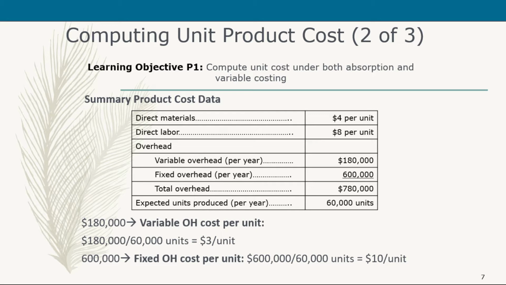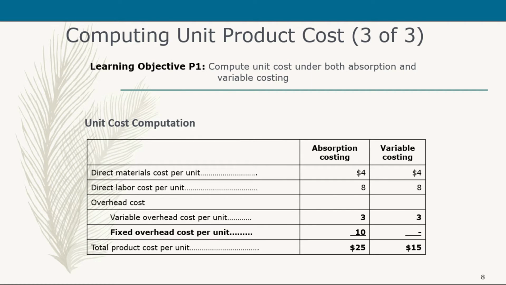For your fixed overhead cost per unit, it is computed as your total fixed overhead cost of $600,000 divided by your expected units produced of 60,000 units, and it will give us a fixed overhead cost per unit of $10 per unit.